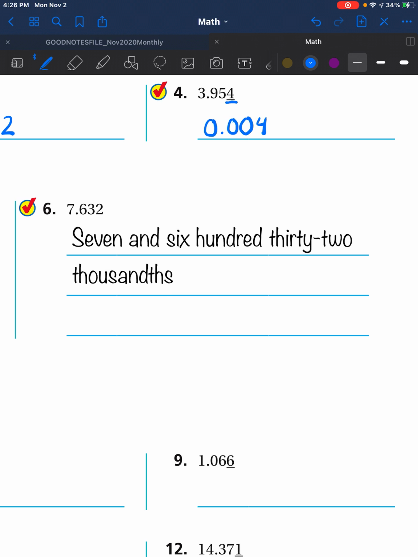Now to write it in expanded form, we move left to right, one digit at a time. The 7 is in the ones place value, so I would do 7 times 1 plus, next I have the 6, and that's in the tenths, so times 1/10.